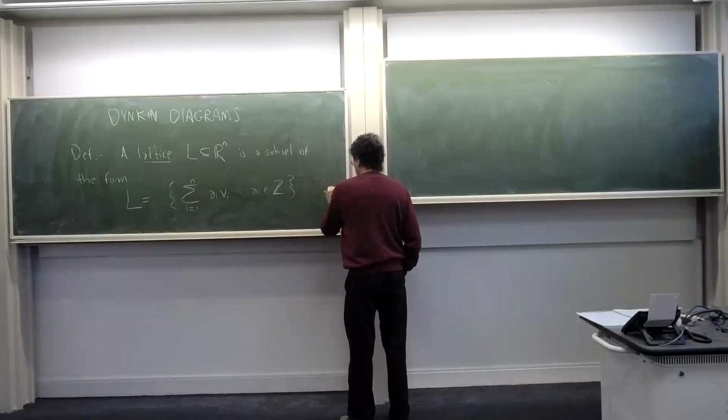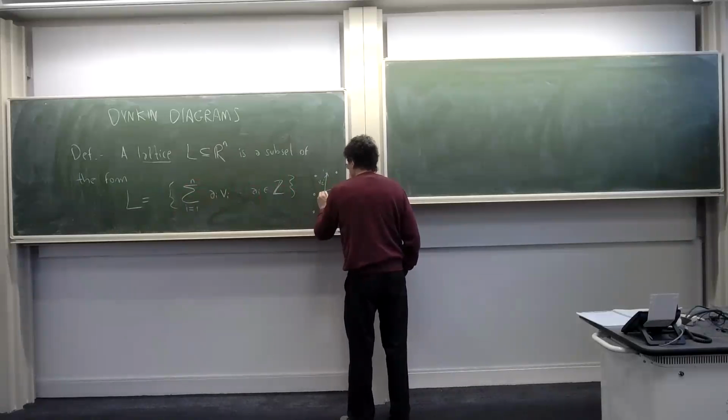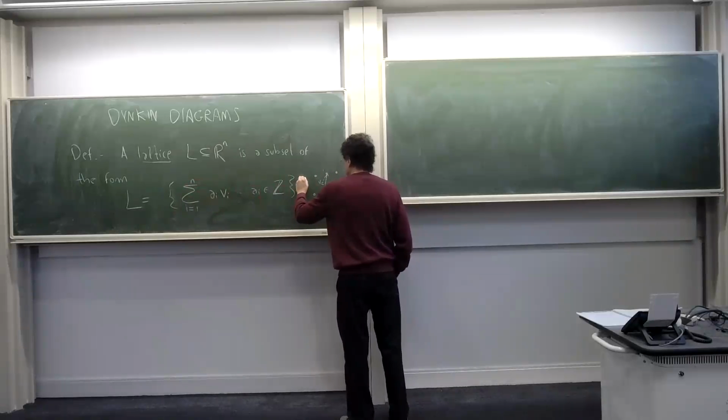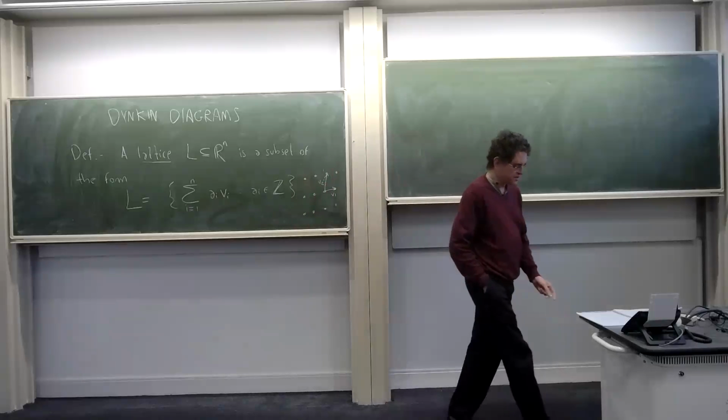We could take in R2 two basis vectors, and then taking all integer linear combinations of them, we get points that look like this, which is why it's called a lattice. There's a highbrow way of saying the same business.